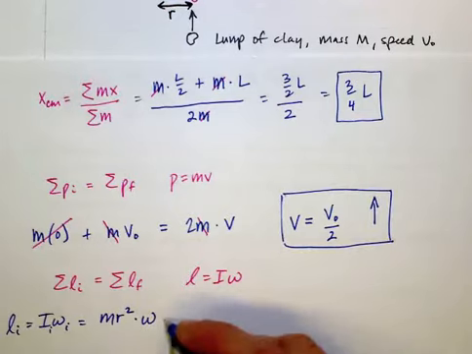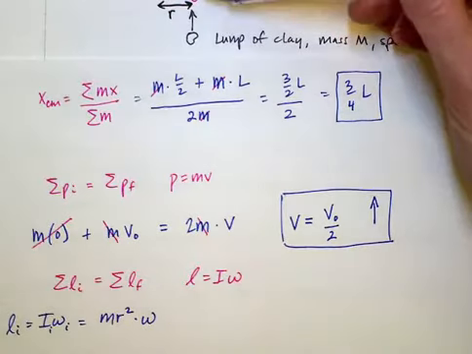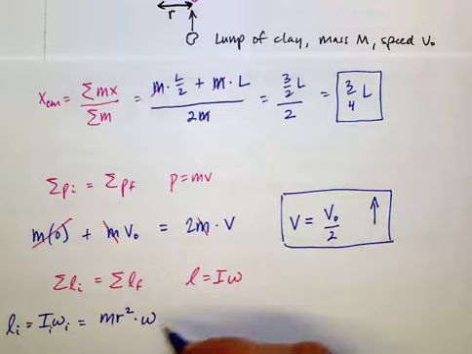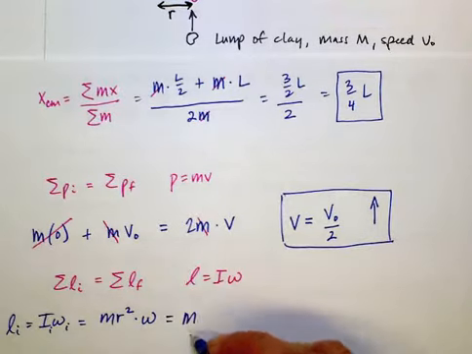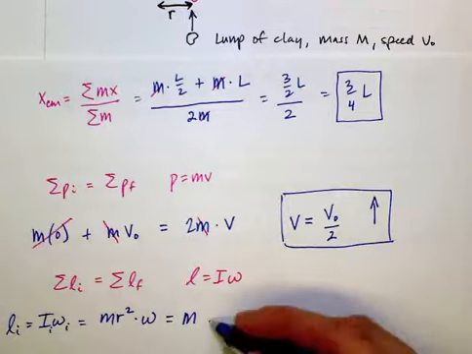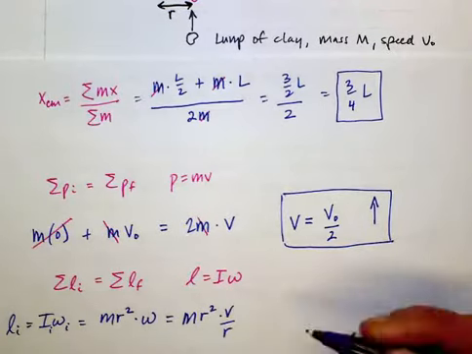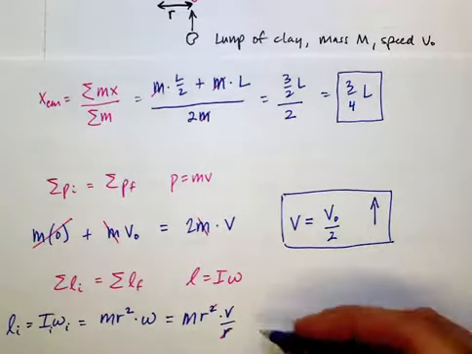In this case, we can make the connection between v and omega because the lump of clay is not at the center of mass. It is a distance away, so we do have a value of r to work with. We'll make the substitution then that omega is equal to v over r, and then we can cancel a value of r.